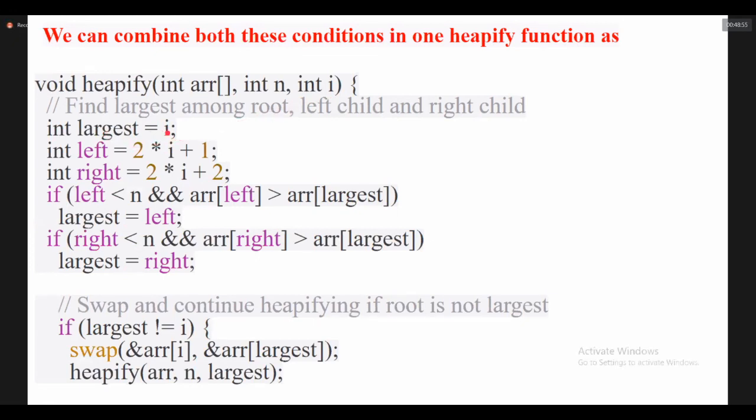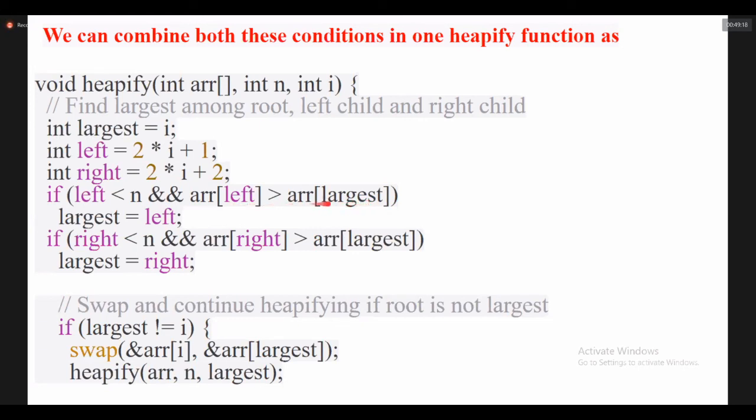So largest is 0, at root largest is 0. Left child is 1, left value is 1, right value is 2. The left value 1 is less than size. In this example, there is a value 6. And array of left is greater than array of largest. Array of largest means root.